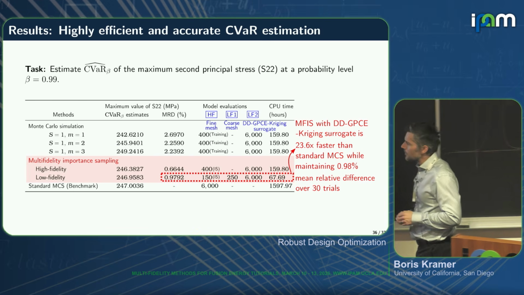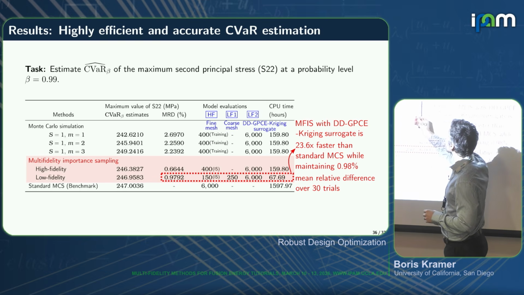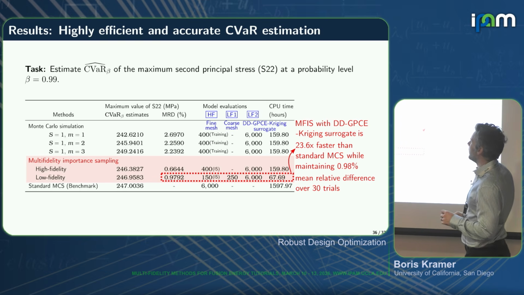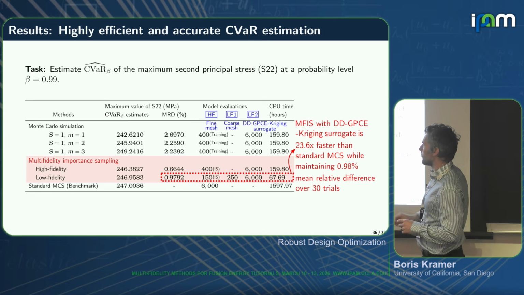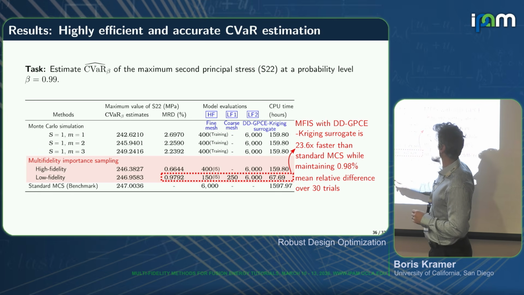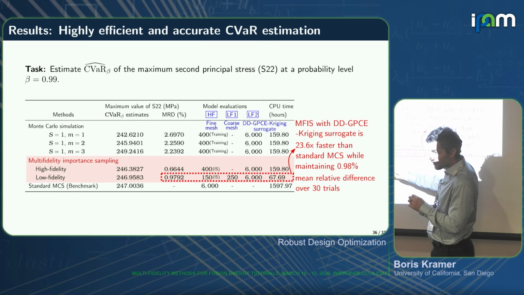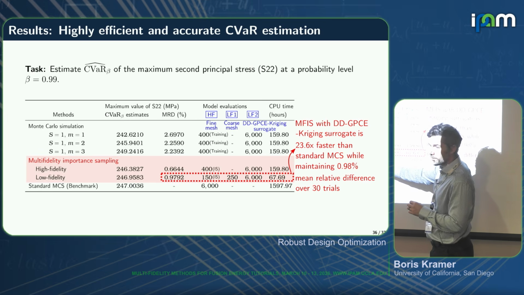So once again, it's a nice way to use fine mesh, coarse mesh, and surrogate. What you see here, in this model evaluation, in order to get the result, I used about 6,000 of the cheapest models, 250 of the second cheapest model, and 150 still of the best model, right?